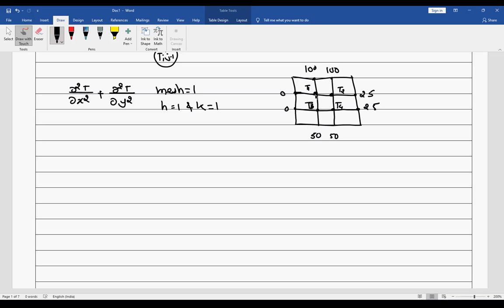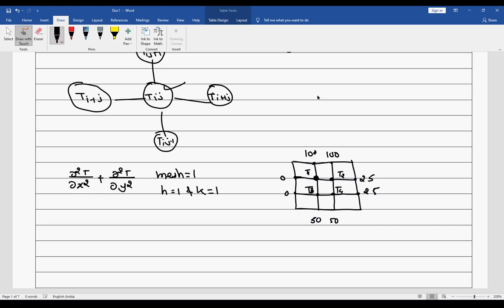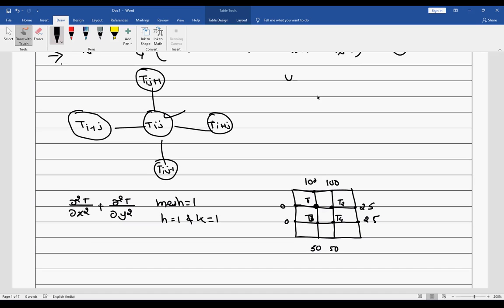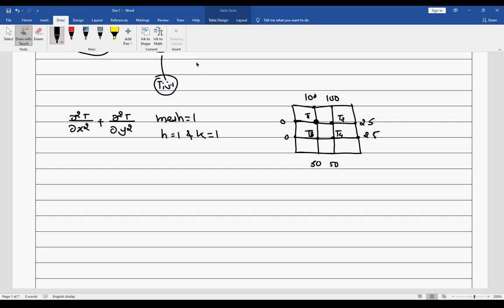Now if I focus on T1 and look at this picture, it says the sum of the surrounding temperatures. Which are the surrounding temperatures? They are T2, 100 degrees Celsius, 0 degrees Celsius and T3. These four are the surrounding temperatures of T1.